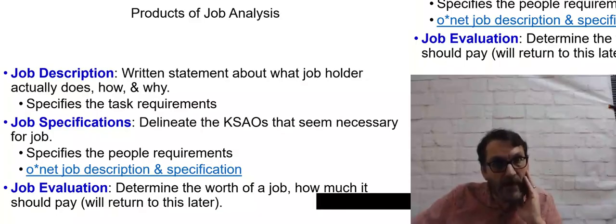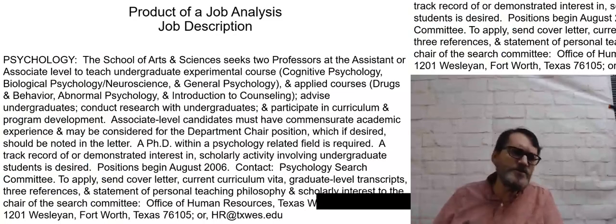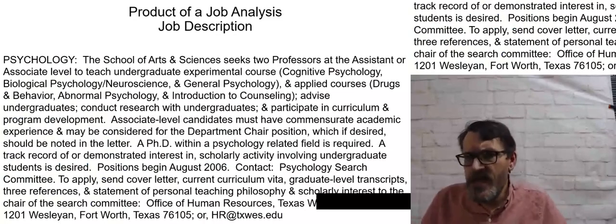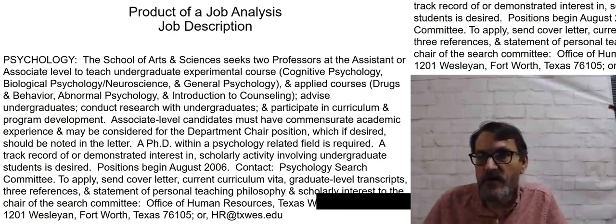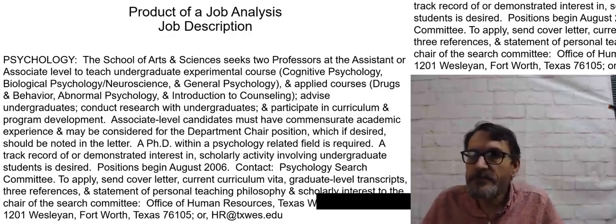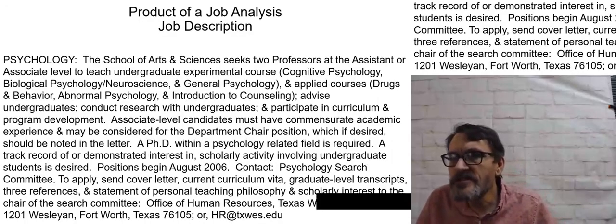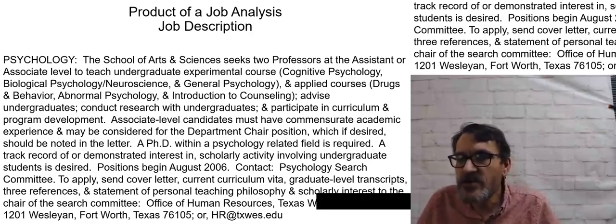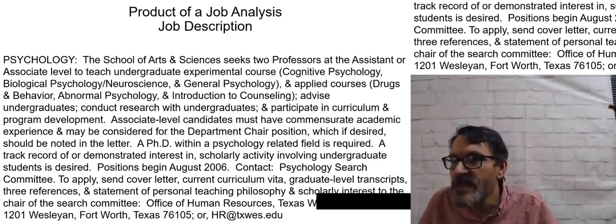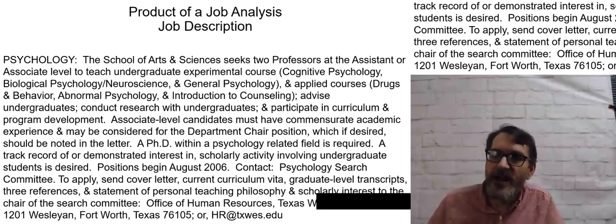how much should we pay somebody. So here's a job description that was actually used for my position at this university. The School of Arts and Sciences, we're back to that one, seeks two professors at the assistant or associate level to teach undergraduate experimental courses: cognitive, bio, neuroscience, general psych, and applied, drugs and behavior, abnormal, counseling.